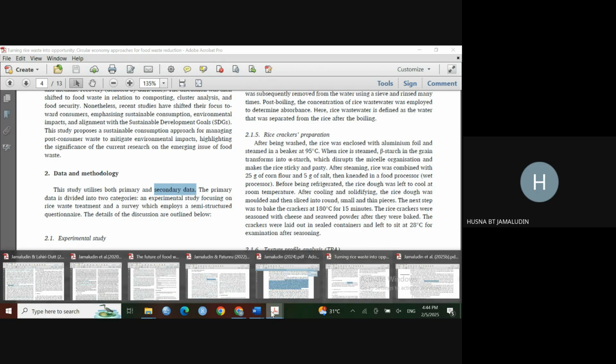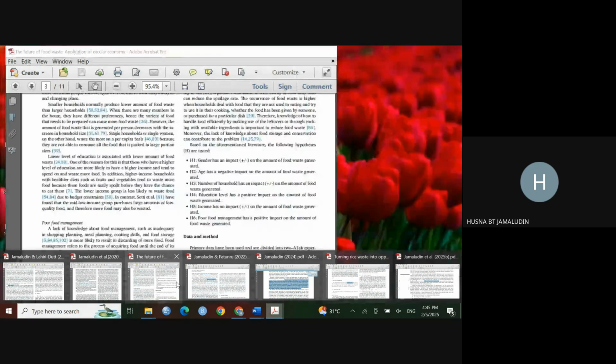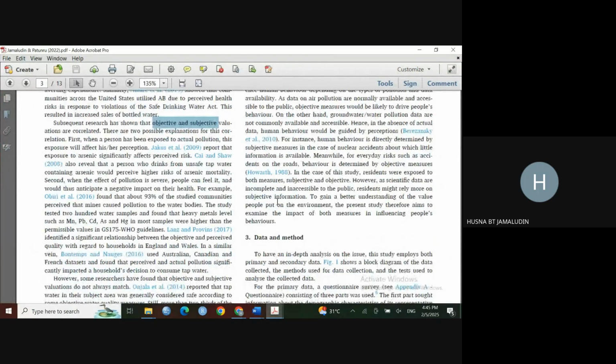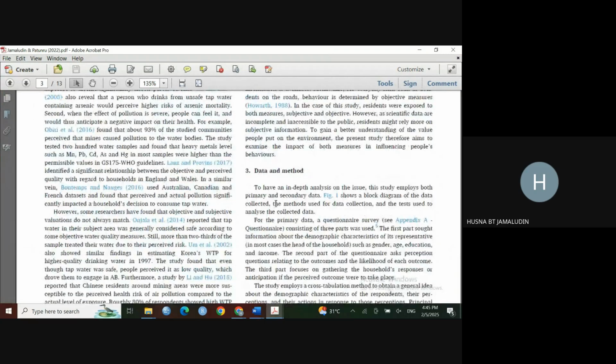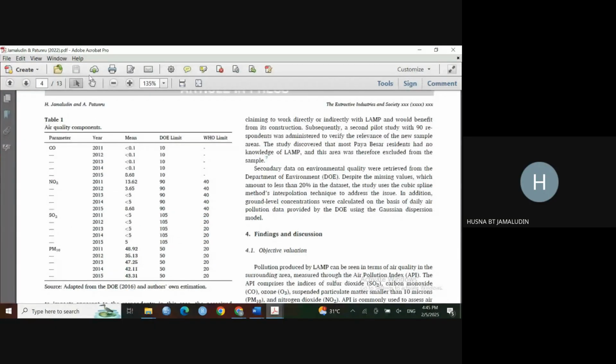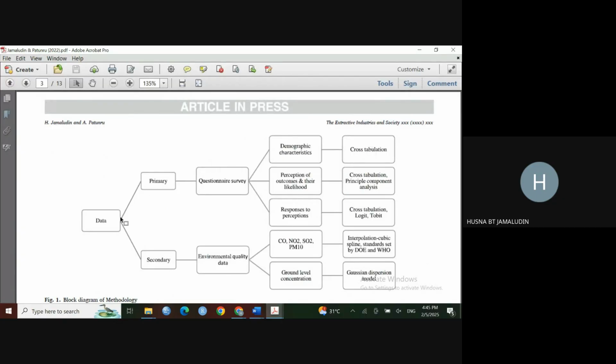And then let me see here, what do we have? Okay, sometimes it's good if you are having both data, and you want to make sure that everyone can understand the flow, you can come up with this chart.